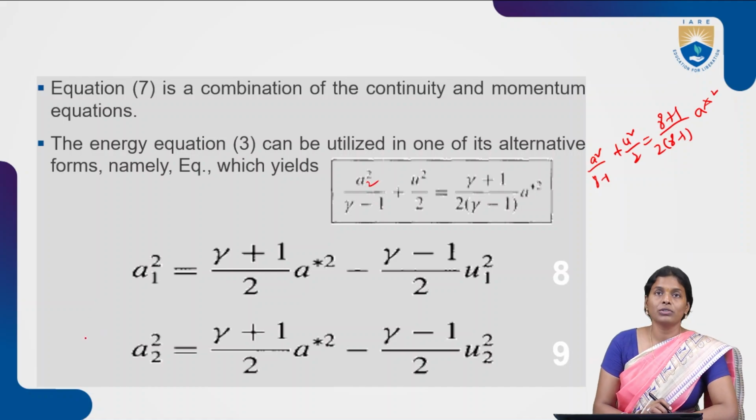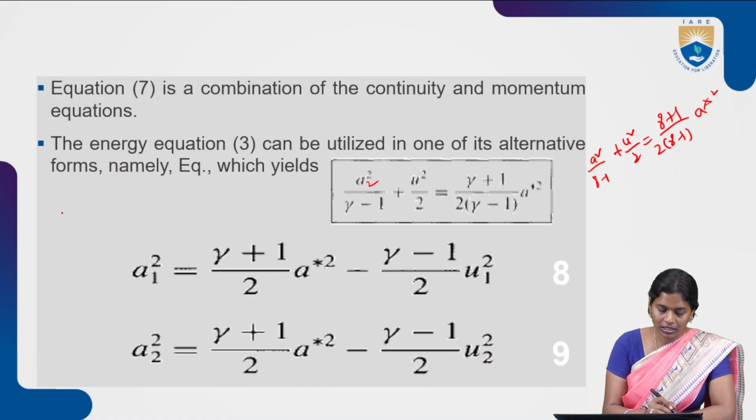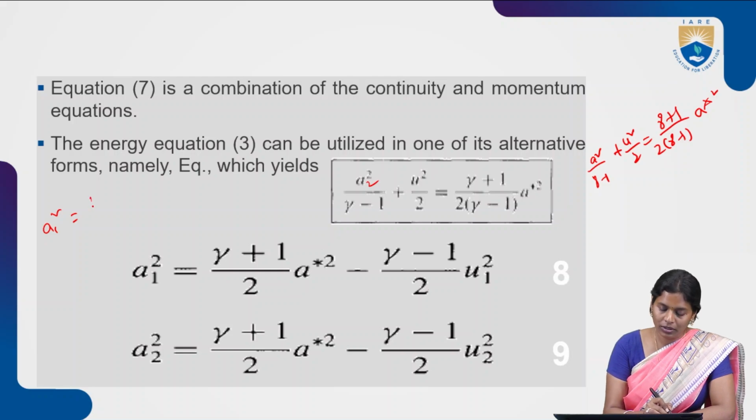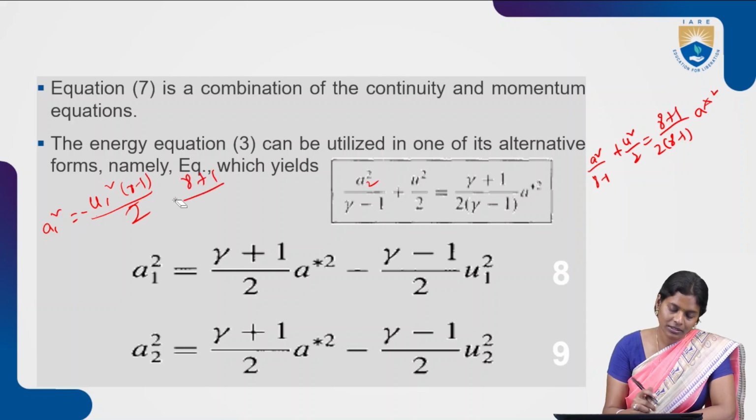So from this expression, A1 square equal to, if gamma minus 1 goes to this side, it becomes minus U1 square by gamma minus 1 by 2. If it goes to the other direction, plus gamma plus 1 by 2 into A star square.